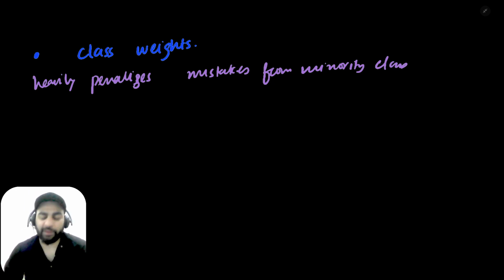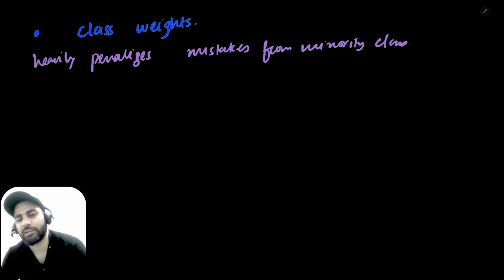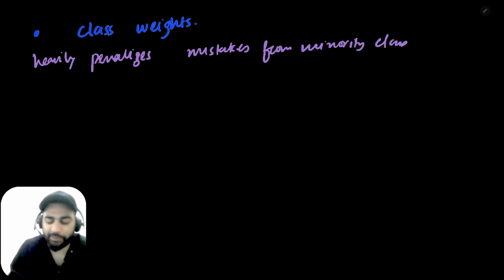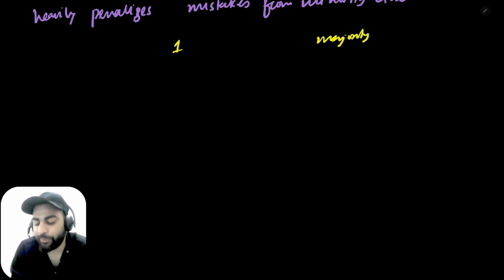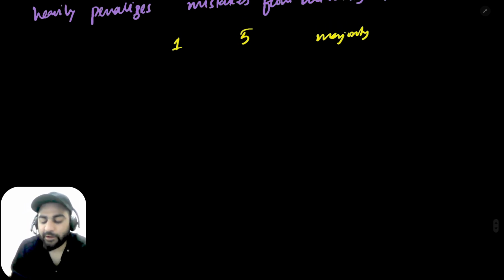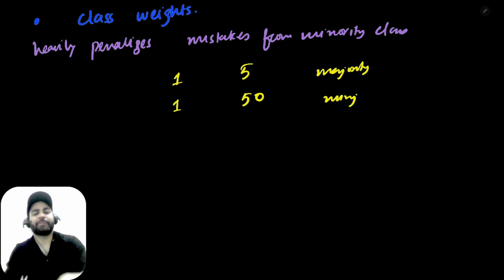For example, if it makes mistakes in the majority class, you penalize it somehow. And if it makes mistakes in the minority class, you heavily penalize it. Let's suppose we have a metric like this. If you got one sample from the majority class wrong, let's suppose you penalize it with the number 5. But if you got one sample from the minority class wrong, you penalize 10 times more.